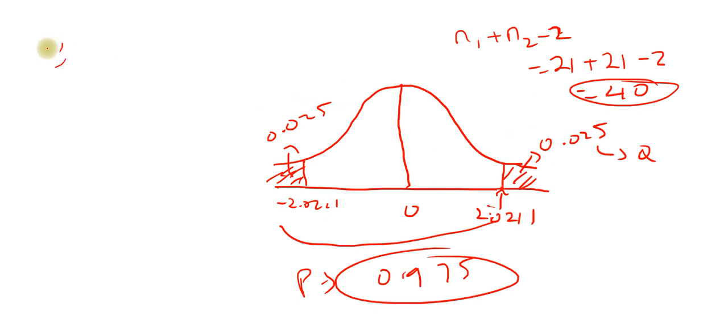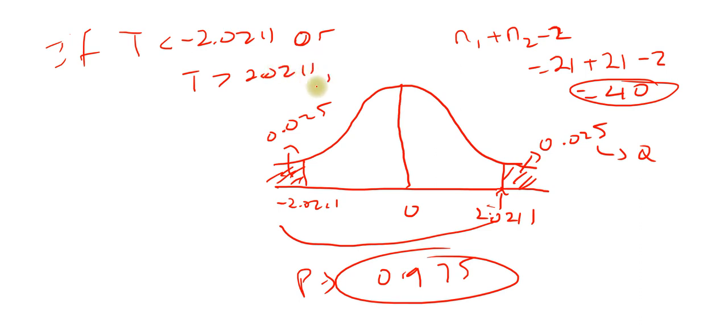So what you have to say is, if t is less than negative 2.0211 or t is greater than 2.0211, you reject H naught. But there is an easier way of writing this down: modulus t is greater than 2.0211, right?